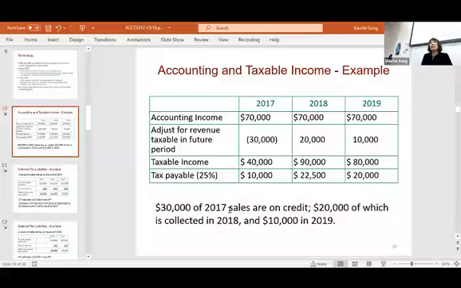When you talk about temporary differences, for our purpose, essentially there are two types of differences that cover most of the examples. One would be related to depreciation and amortization.